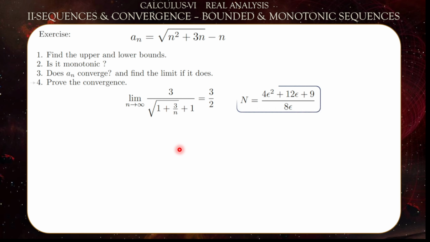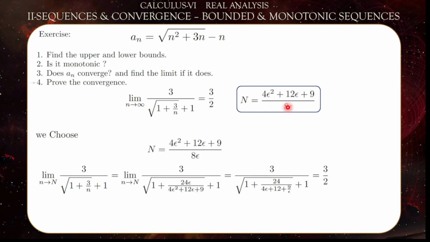Let's prove the convergence. So capital N should be chosen as (4 epsilon squared plus 12 epsilon plus 9) divided by 8 epsilon. Limit of an as lowercase n approaches capital N is equal to the limit as n approaches capital N of 3 divided by square root of 1 plus 3 divided by n plus 1. 3 divided by n is 3 divided by (4 epsilon squared plus 12 epsilon plus 9) divided by 8 epsilon.